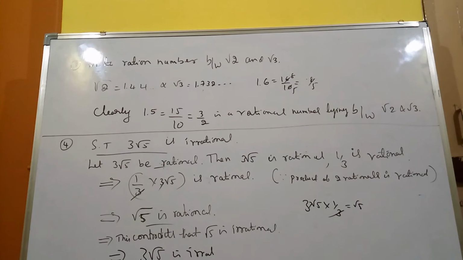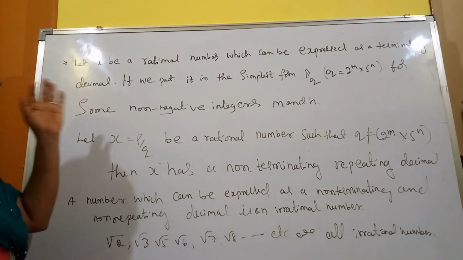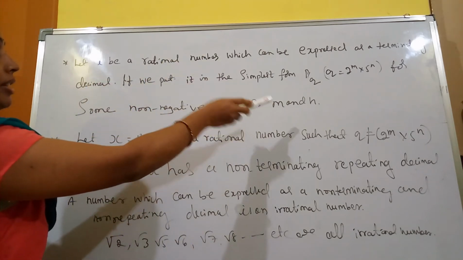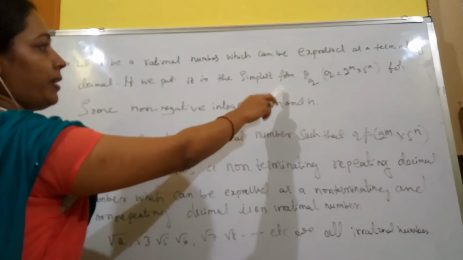And let x be a rational number, we can express it as a terminating decimal by putting non-negative integers. So again we can come to a conclusion. Let x be a rational number which can be expressed as a terminating decimal. It should be in the simplest form p by q.